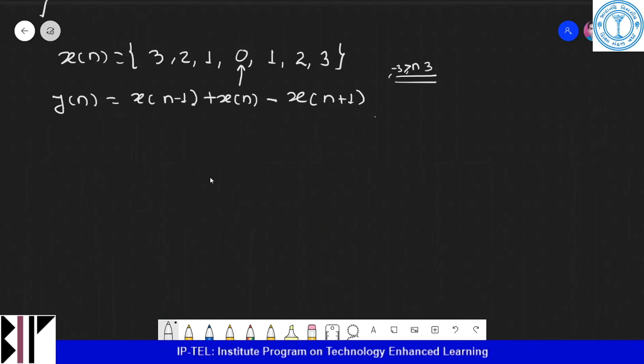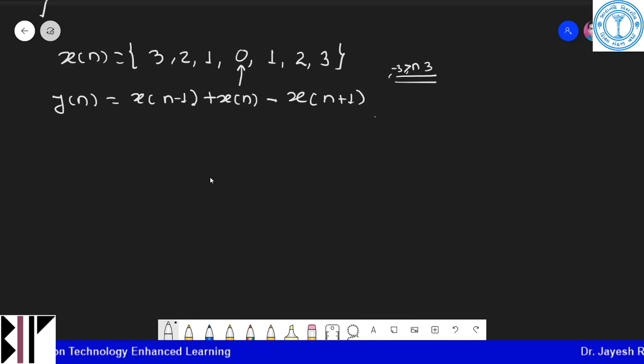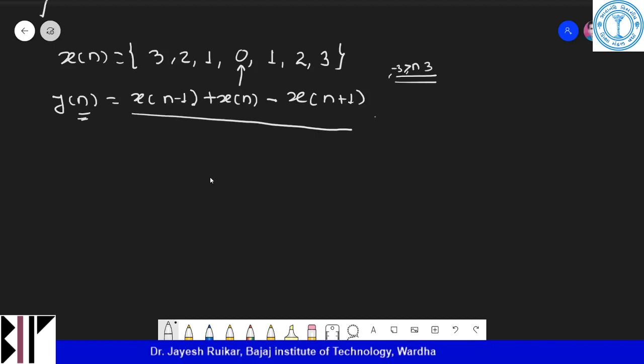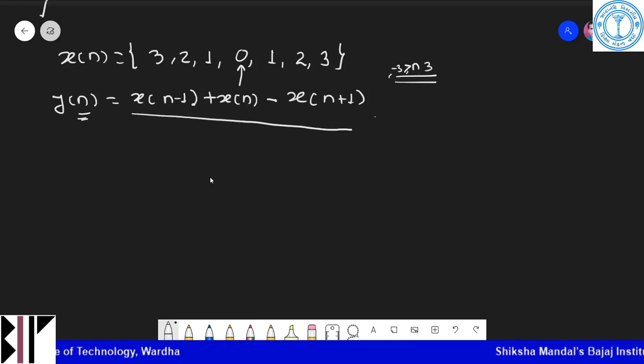So you have to calculate all these values from minus 3 to plus 3, and after that also we have to calculate, because we do not have any constraint on y of n. So y of n can be of any samples. We'll start from 0, and the answer should be generalized so that after those samples it will be 0. Then we can proceed further.